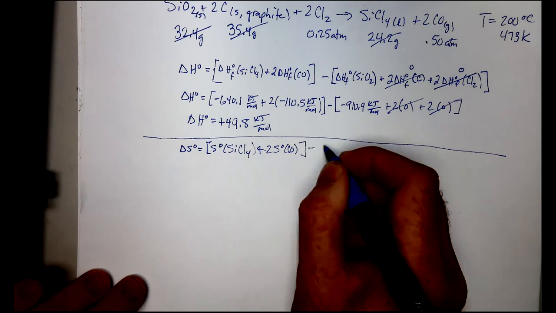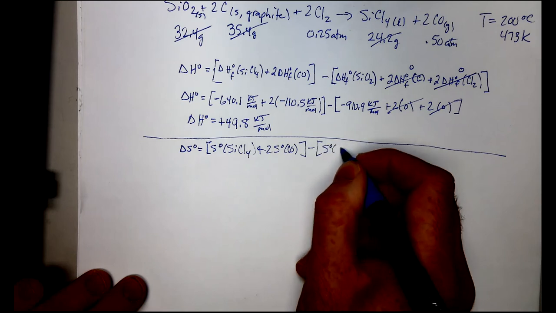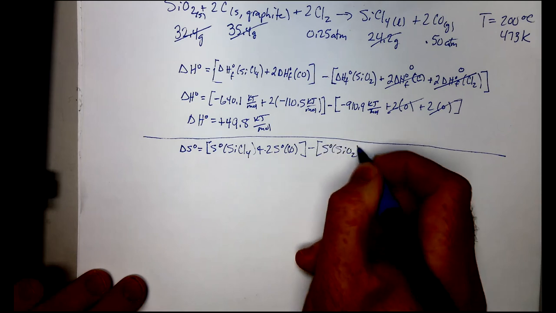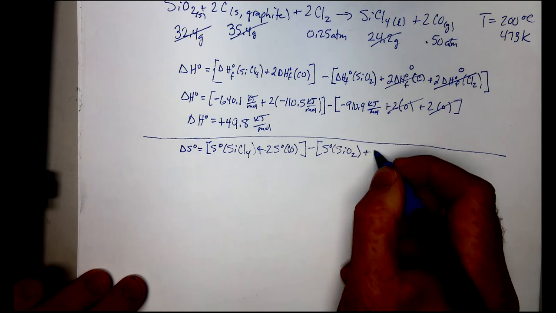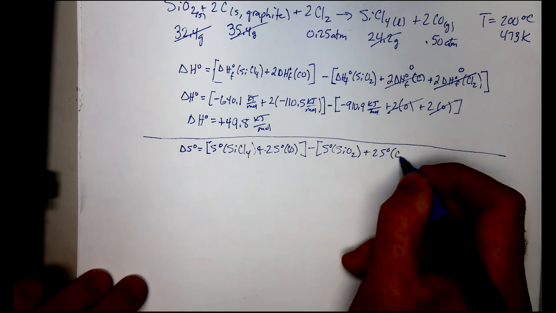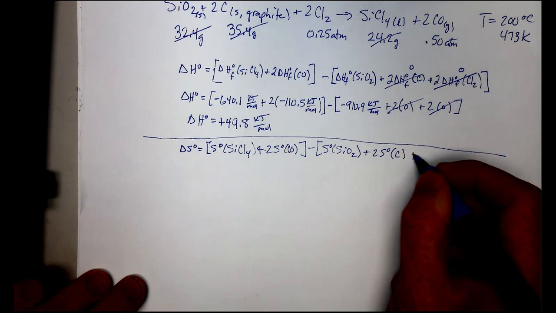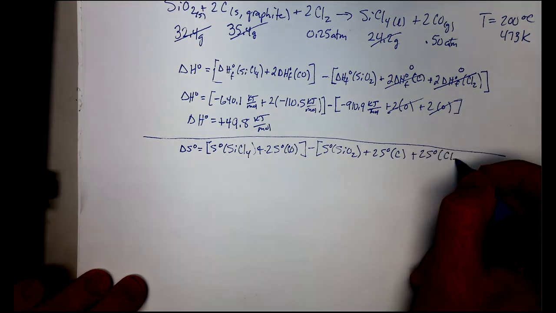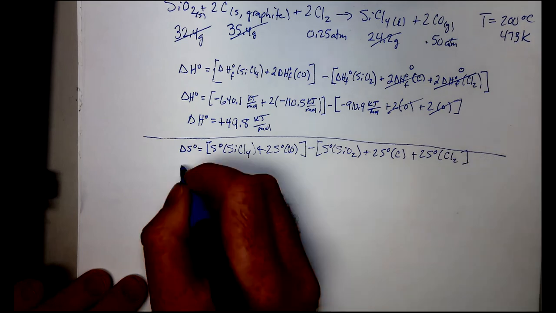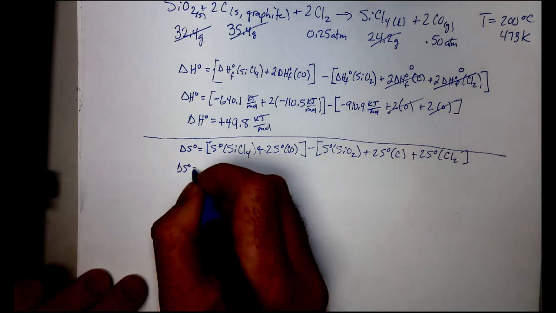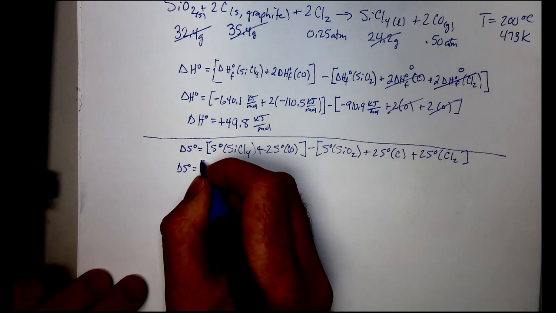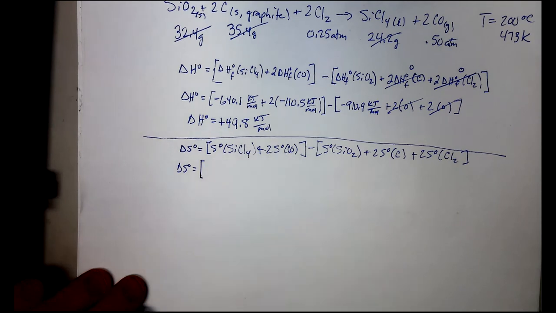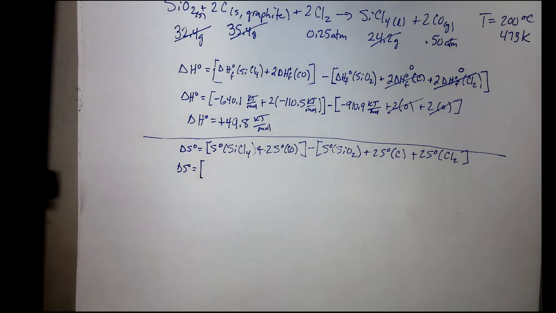And then minus... Now, the key difference in these two calculations is I have to look up values for everything because the entropy, or the S, is not zero for anything at room temperature.